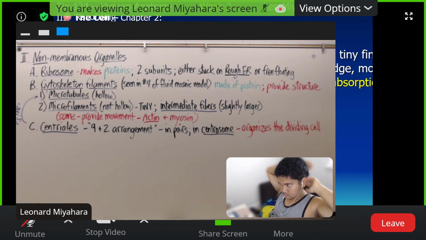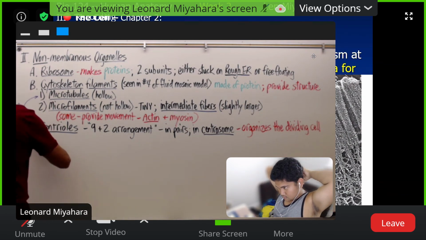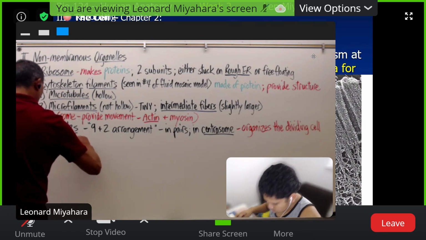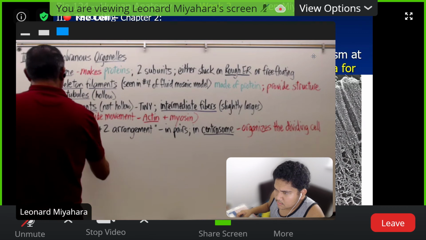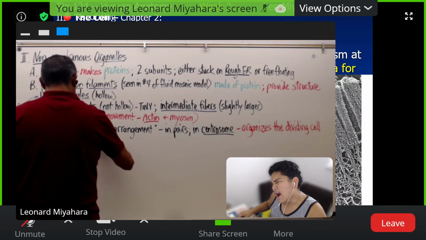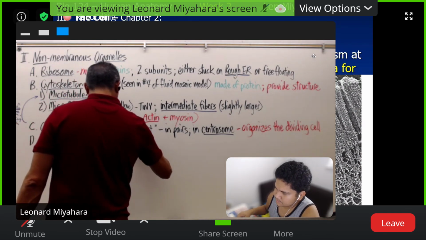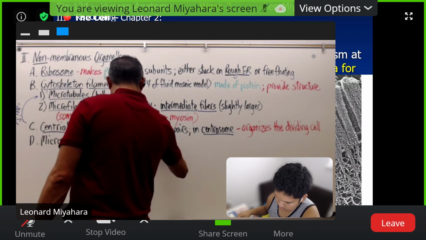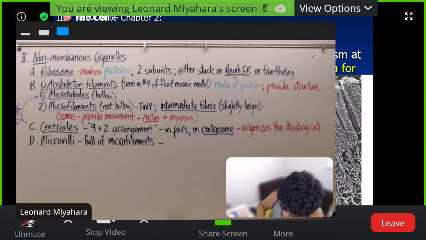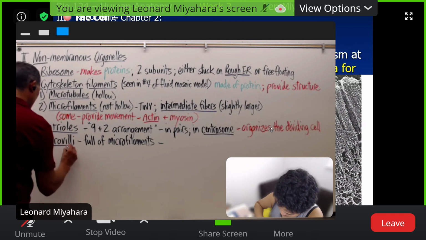And then we have microvilli. These do not move on their own, but they are related to microfilaments if you look at this picture on the slide.